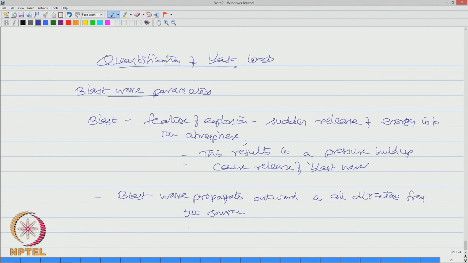The speed of the blast wave will be either sonic or supersonic.